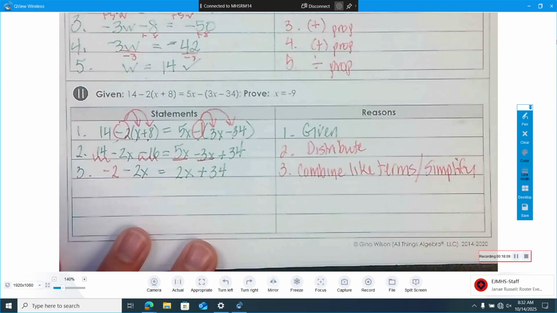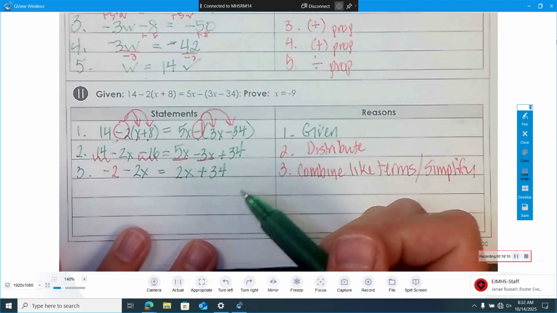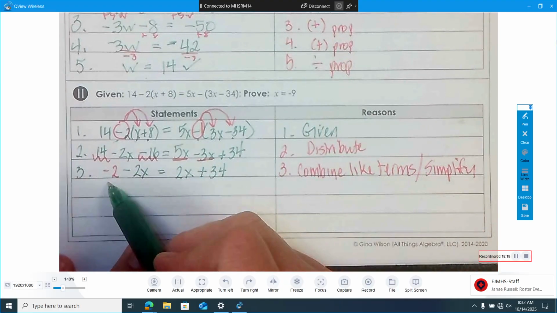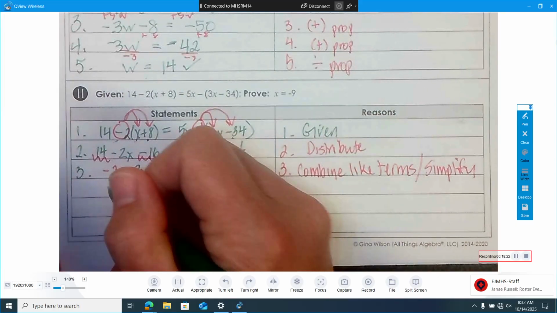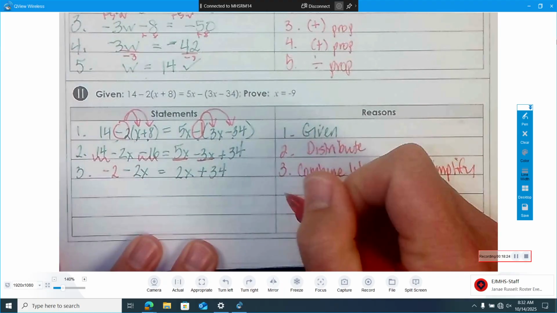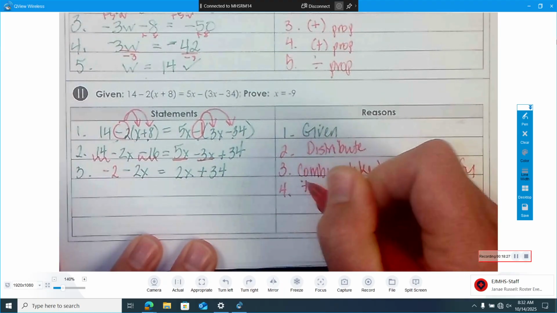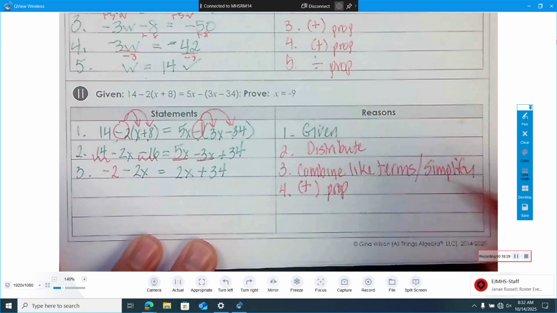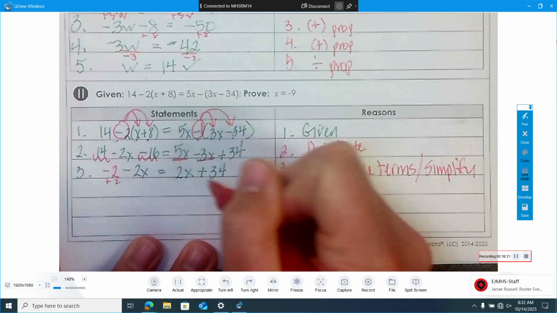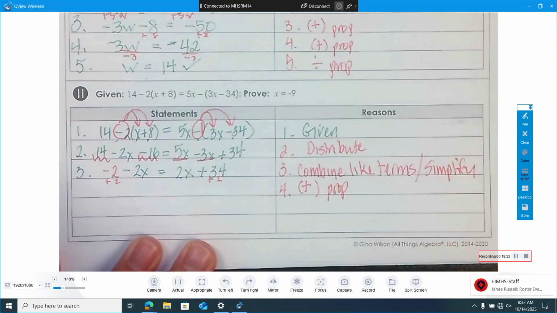All right, and then what do you want to do next? Addition? Do you want to add the 2? Okay, great. So we're going to use the addition property of equality by adding the 2 to both sides. Very good.